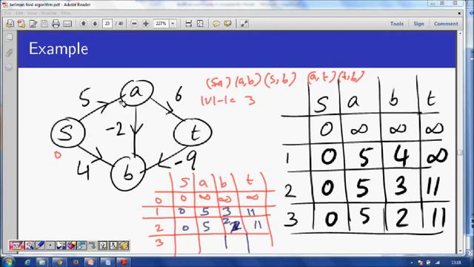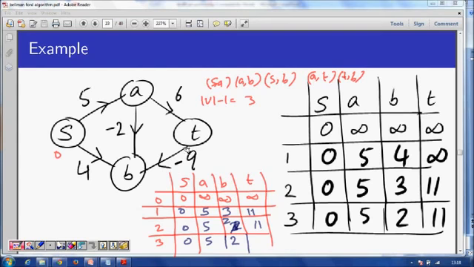Now in the third iteration we iterate again. S to A is 5, it will remain 5. A to B, 5 minus 2, 3, is greater than what is already there, so it will remain 2. S to B will also not work.